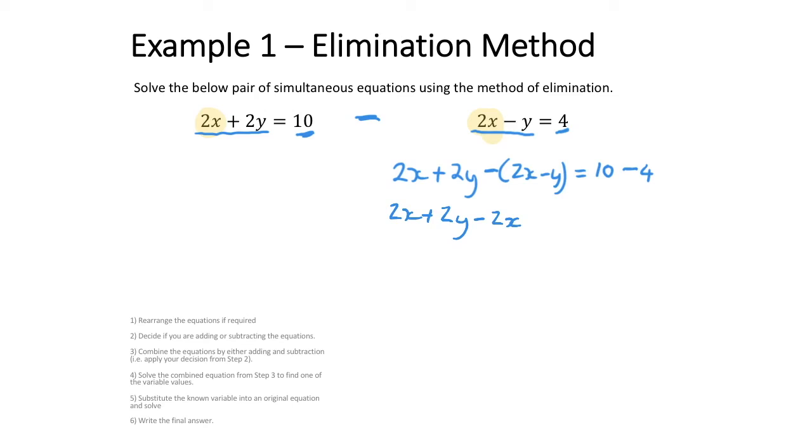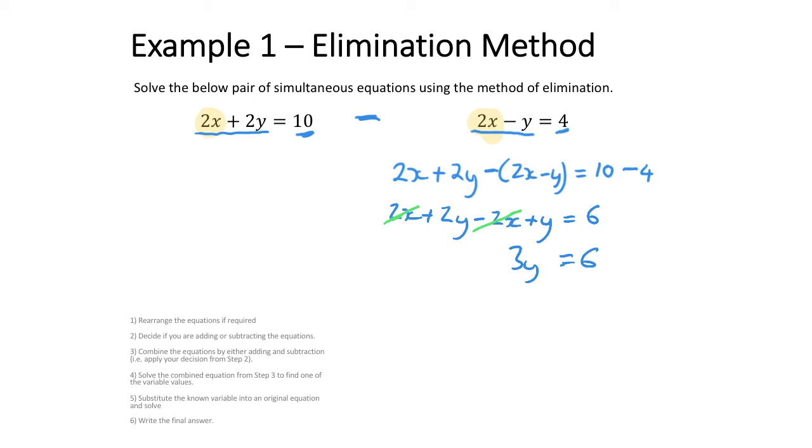Minus negative y is a positive y. So it's plus y is equal to 10 minus 4, which is 6. Now I can collect my like terms, and here is where I get rid of my x. 2x and negative 2x cancel each other out. On the left-hand side that leaves me with 2y plus y, which is 3y, is equal to 6.